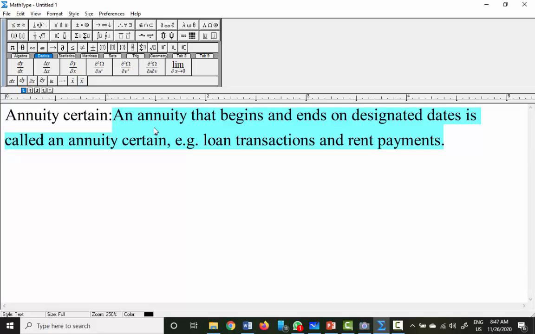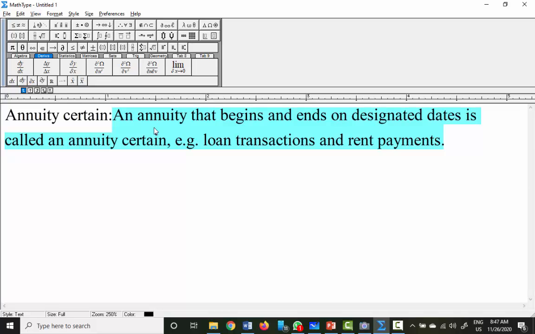This is an example of an annuity. Why? Because you have borrowed 1 million taka under a 5 year loan agreement, and you have decided to pay off the loan by making monthly installments. Since you are making multiple payments, this is an annuity.